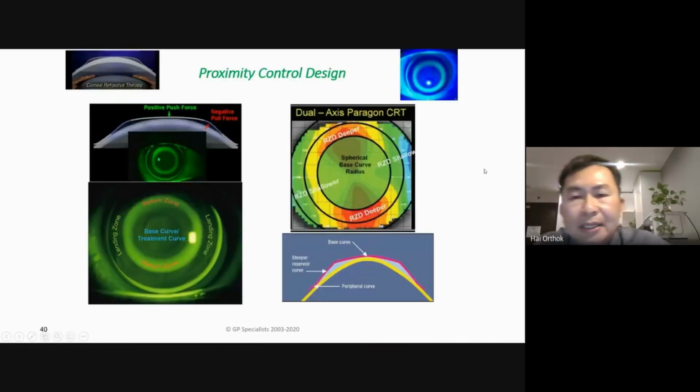You can see right here on the Paragon CRT, they provide a deeper returning zone depth, and also on the inferior bottom of the lens. To do so, when the patient blinks, the lens is stable and centers itself onto its area.